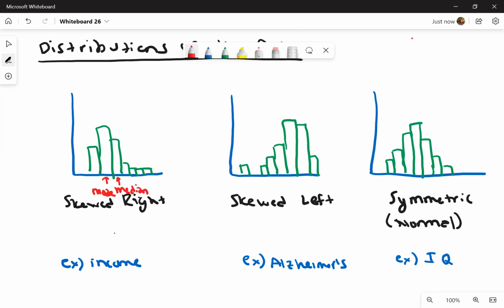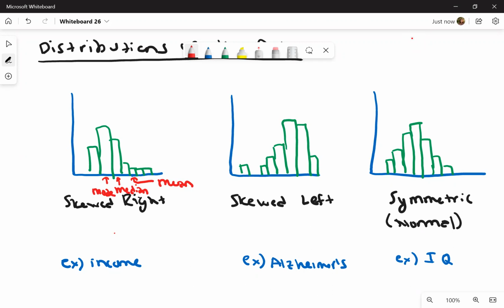But then the mean is usually pulled out much further than it should be. It depends, of course, on how far the data is pulling the mean. The mode ends up being the biggest category. The median is somewhere in the middle of the data, and then the mean gets pulled too far to the right. So it's much higher than the median and the mode.